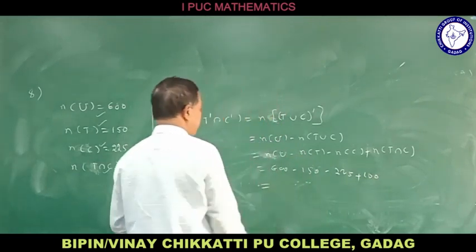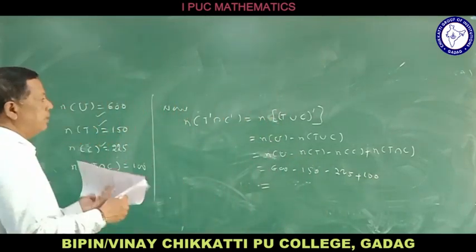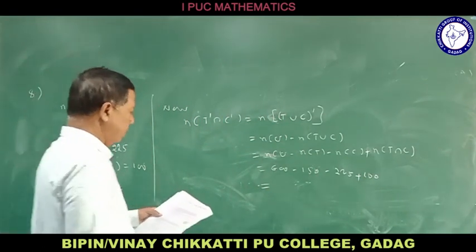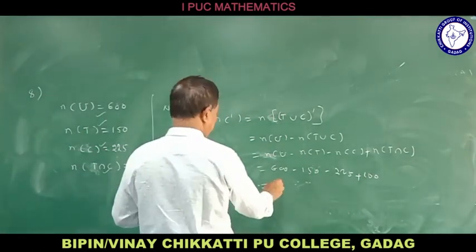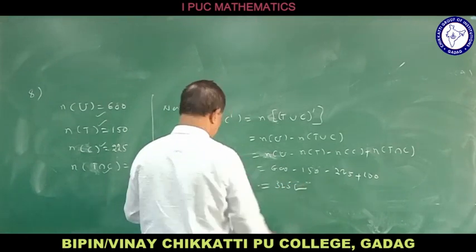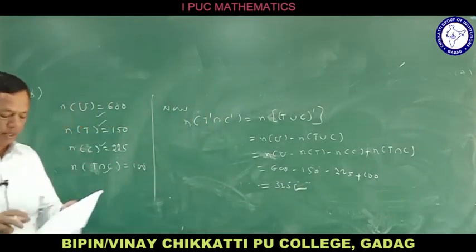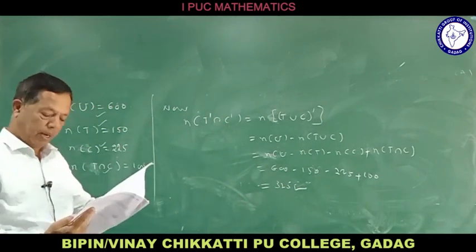Altogether when you subtract all these, you will see the answer is 325. You can calculate it later on. This is the way we find the results.